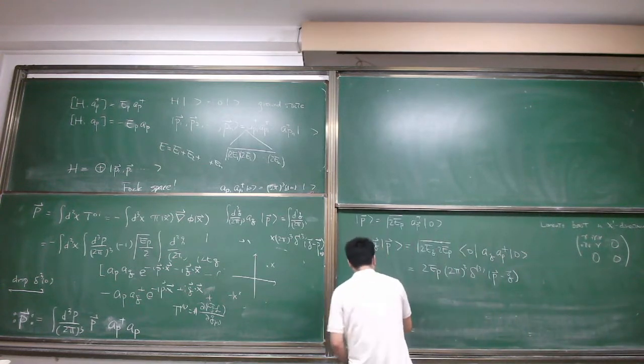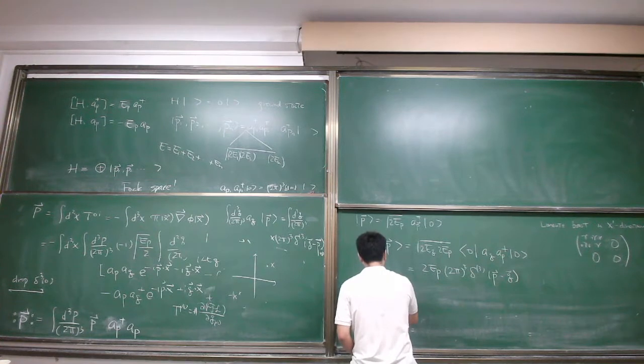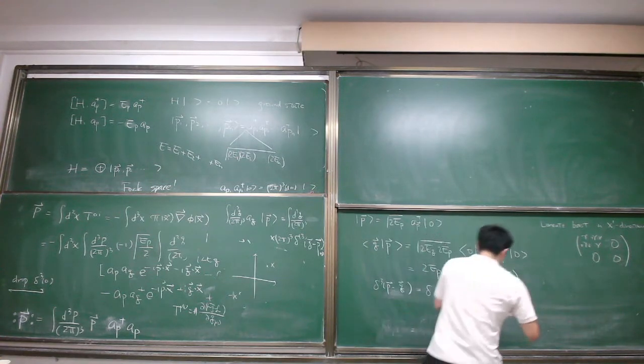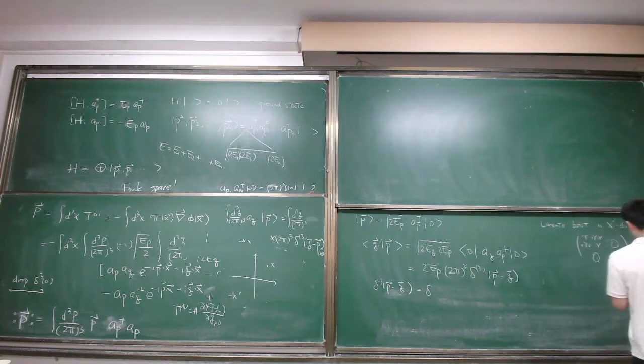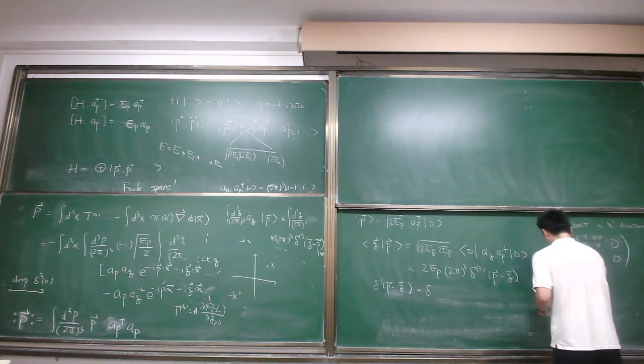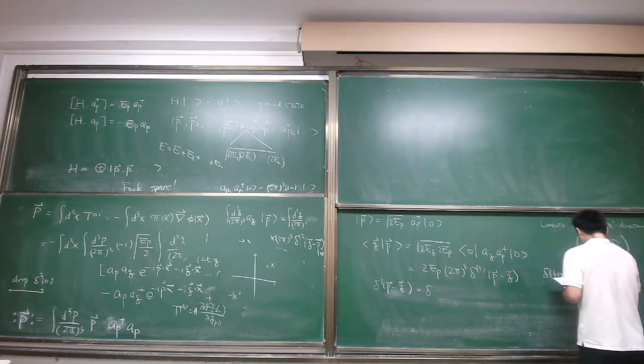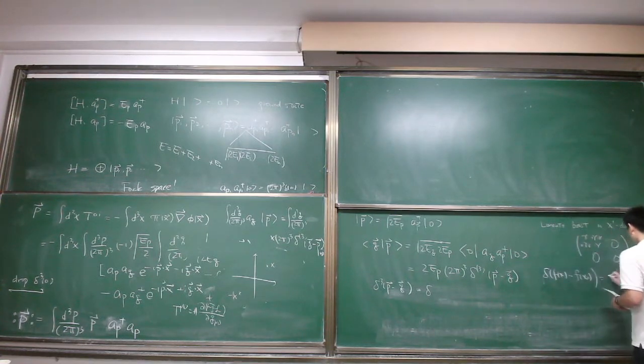So the delta of q minus p, which is the delta. Note how the delta function behaves under transformation: delta of f of x minus f of x0. We will use this kind of property of the delta function.